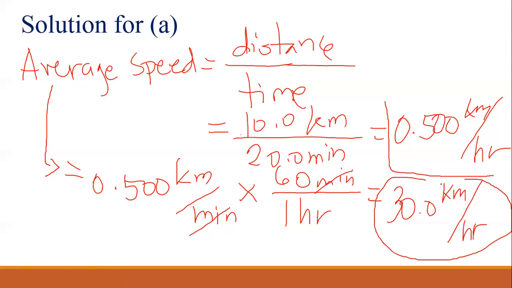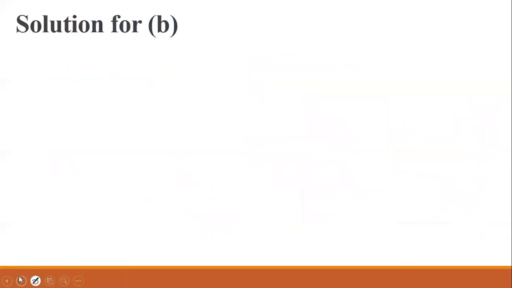All right? So that's it. That is for letter A. We already get the kilometers per hour, the average speed. How about letter B? There are also several ways to convert the average speed to meters per second. For letter B, we're calculating the average speed in meters per second.